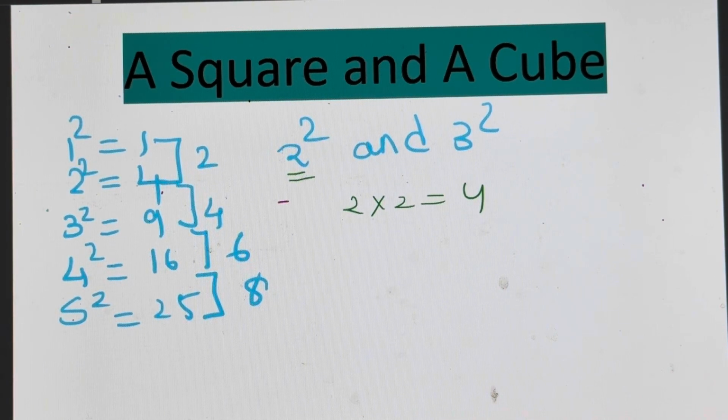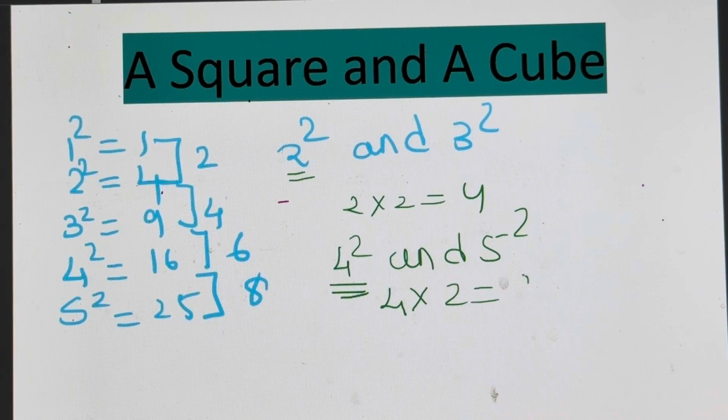That will give you how many numbers lie between the two squares. Suppose we take 4 square and 5 square. The smaller number is 4. Double of 4 is 8. So there will be 8 numbers. You have to see the smaller number and just double it. So you'll get how many numbers lie between the two square numbers.